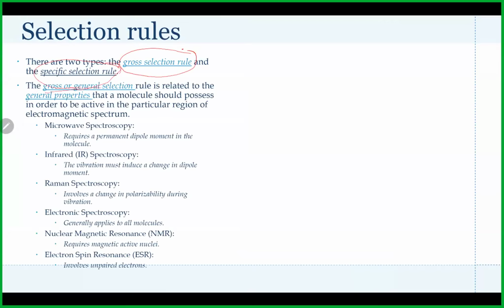So in such a situation, it tells you the kind of molecules that you can study with this spectroscopy. For microwave spectroscopy, the gross selection rule says that they must have a permanent dipole.